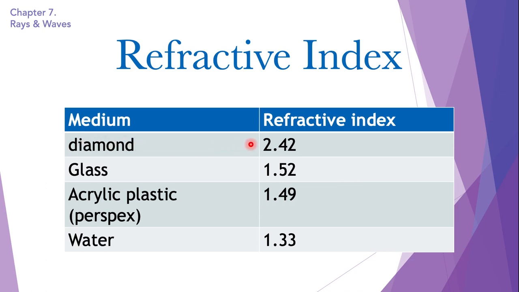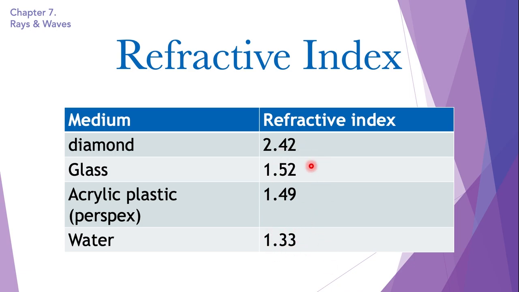So diamond has the greatest refractive index, as you can see, which means the diamond bends the light most. In other words, it slows it down. Then after diamond we have glass, and then we have acrylic plastic, and lastly we have water, which has the least refractive index.